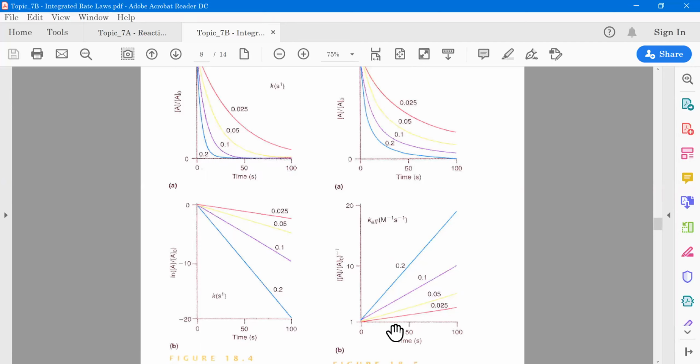With increasing time, the higher the rate constant, the faster the reaction proceeds. For a rate constant of 0.2, the reaction rate increases fast. The rate goes faster than it does for a rate constant of 0.1 or 0.05. And so this simply compares the overall behavior of first order versus second order reactions.